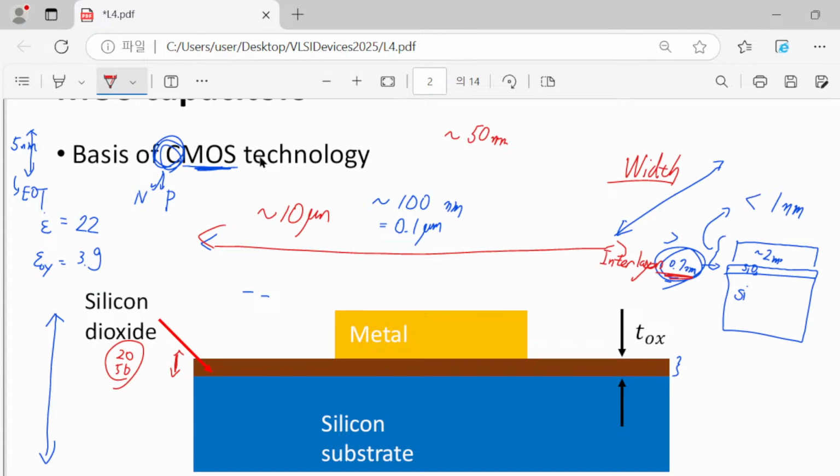But it's true that always this oxide thickness is the shortest length scale we can imagine in a given CMOS technology. So control of this oxide thickness is critically important, because as we will see later, if we introduce a certain variation in this thickness, that affects everywhere in our device performance.